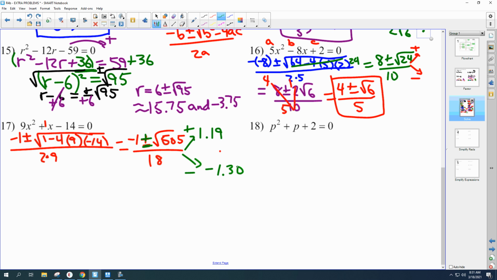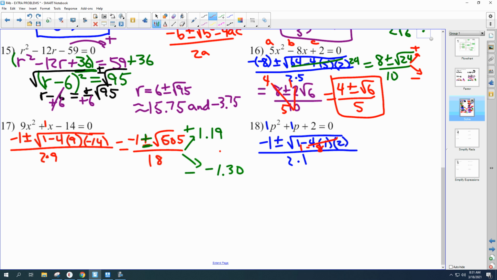Next one, number 18, same thing. I'd keep it rolling with the quadratic formula. Your A and your B numbers are both 1, so opposite of B, plus or minus square root of B squared minus 4 times your A number times your C number, all over 2 times your A number. I can do this in my head. That's 8, so 1 minus 8 is negative 7.